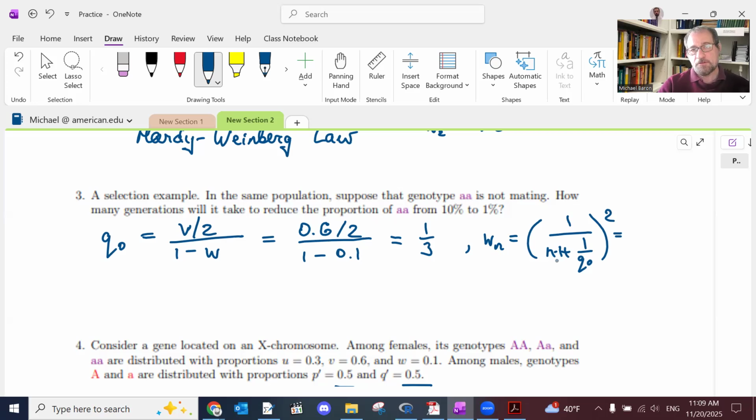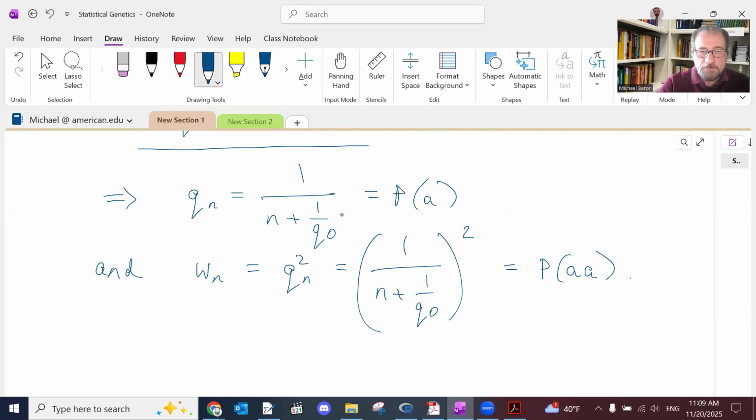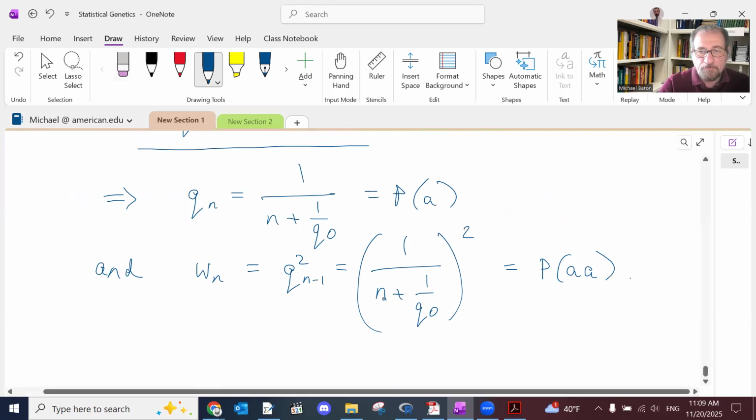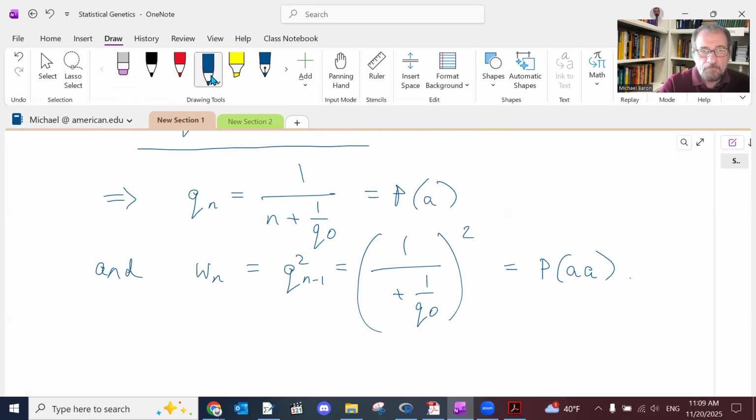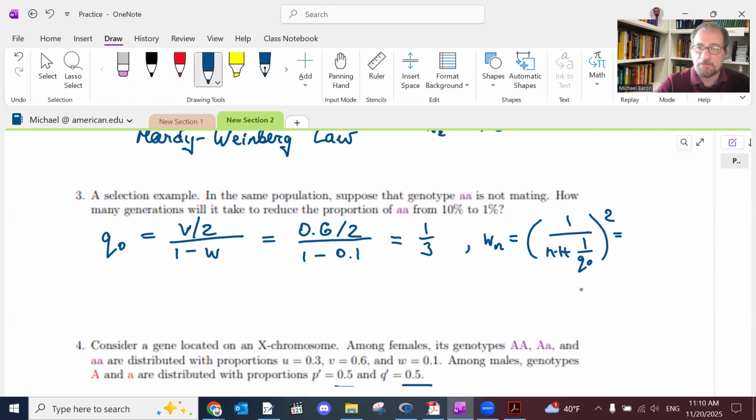You receive the two recessive genes from the parents. So n minus 1 here and here. You receive two recessive genes from the previous generation, from parents. And therefore, it's 1 over n minus 1 plus 3, the reciprocal of 1/3. Minus 1 plus 3 is 2.